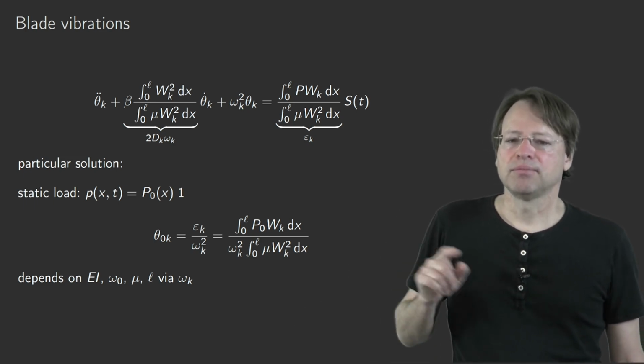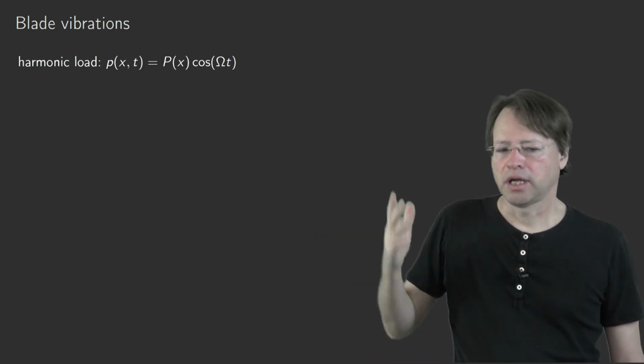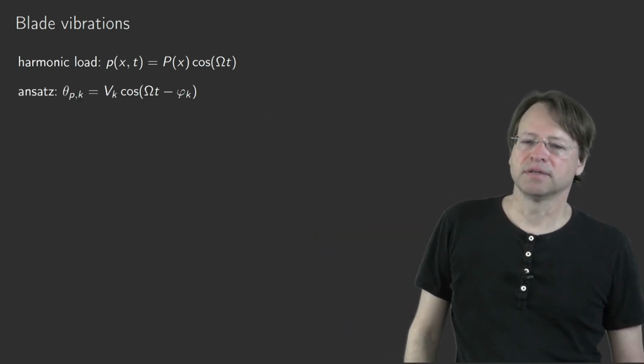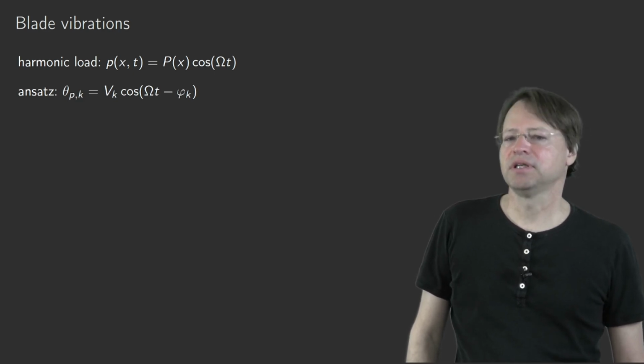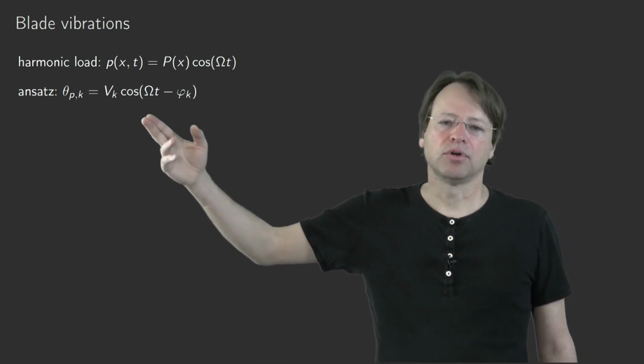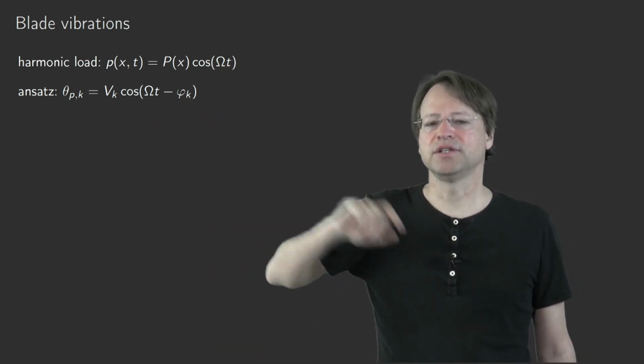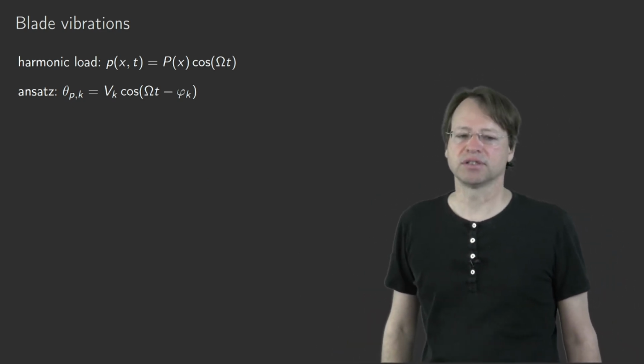Now let's come to the harmonic load, and let's consider just a certain capital omega here. The classical setting would be to put a magnification factor and a harmonic function similar to the excitation, so cosine harmonic, but with a phase shift because damping is present in the system.